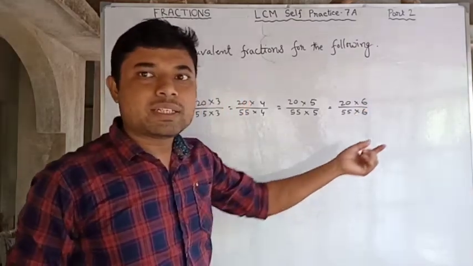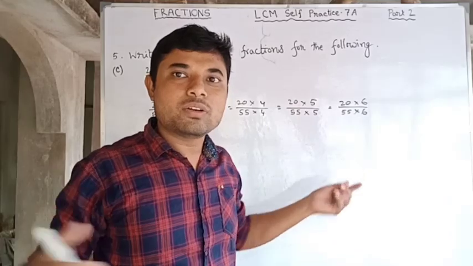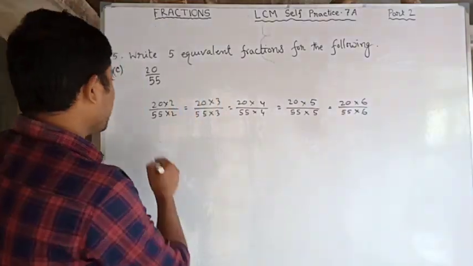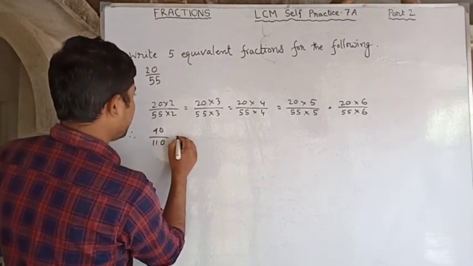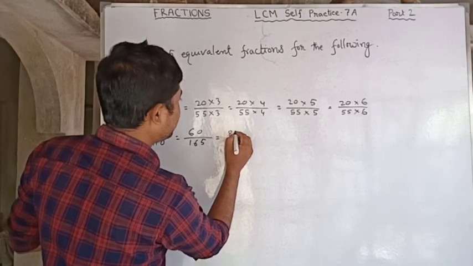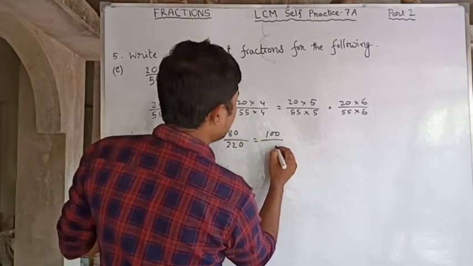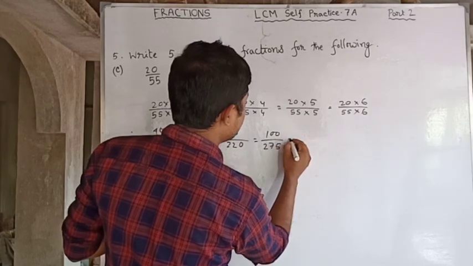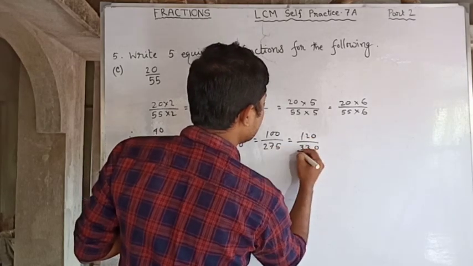You can take 10, 20, 30, 100, no problem, you can take any. So what will be? 40/110, 60/165, 80/220, 100/275, and 120/330.